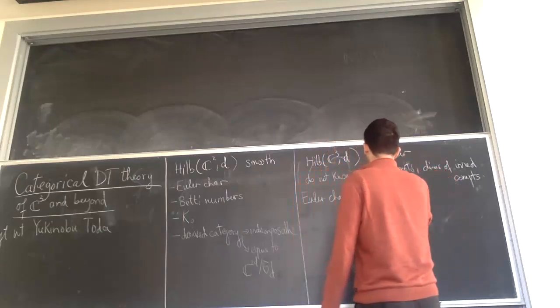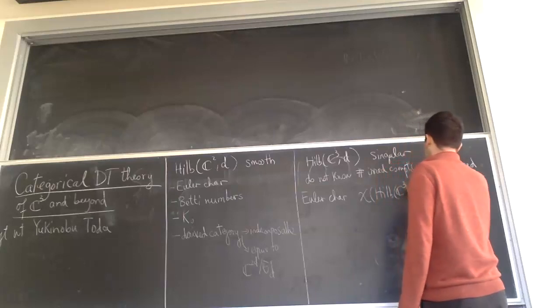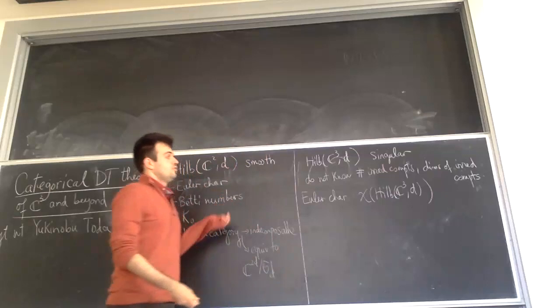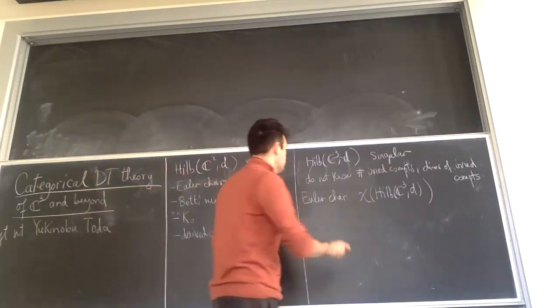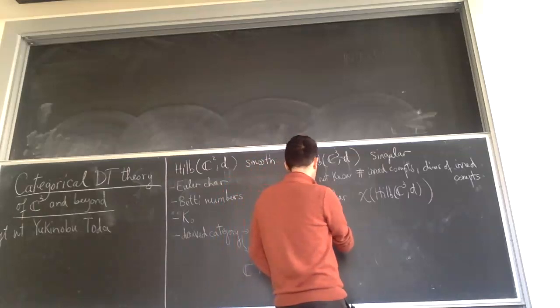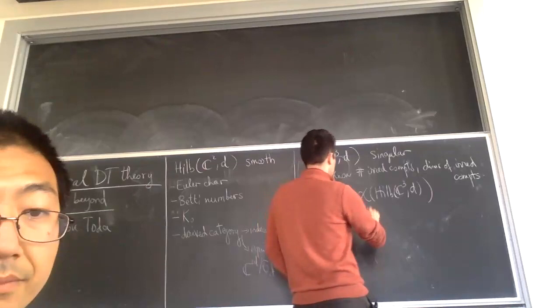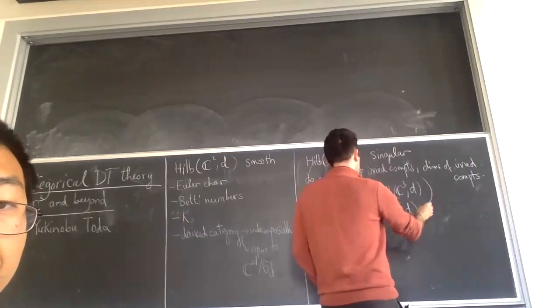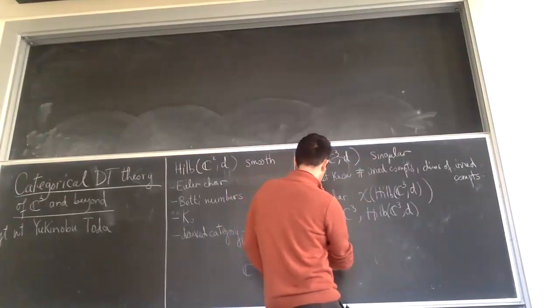So let's say that we want to compute the Euler characteristic of the Hilbert scheme of d points on C3. For C2, we used the action of a two-dimensional torus. So here we can use the action of the three-dimensional torus that acts on C3 and then also on Hilb^d(C3). Then the torus fixed points.